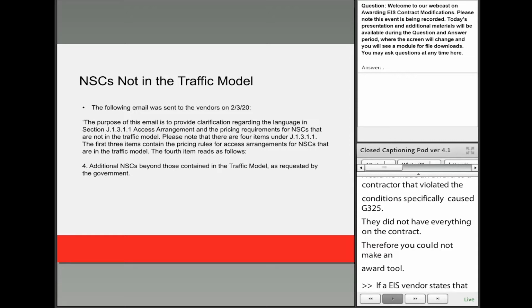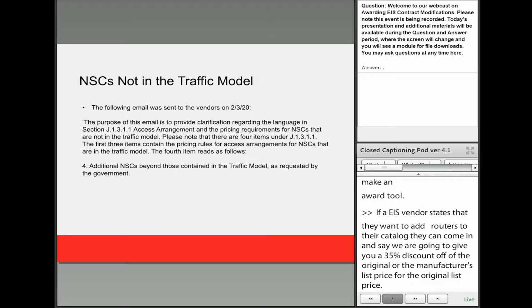We accept that discount for that class of service or class of SREs. We add that to the contract, and we're done negotiating with them at that point. They can start adding large Cisco routers to their catalog.